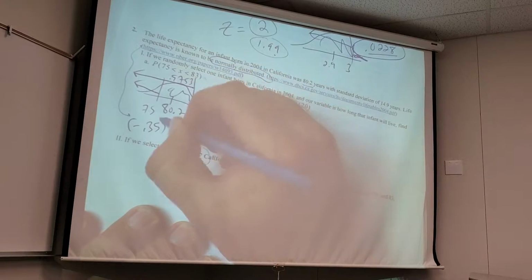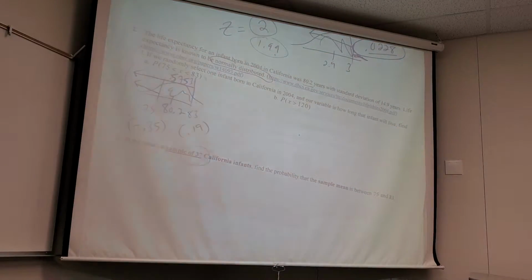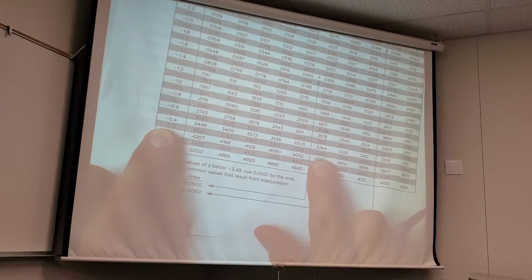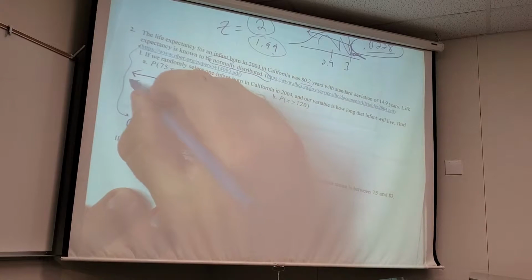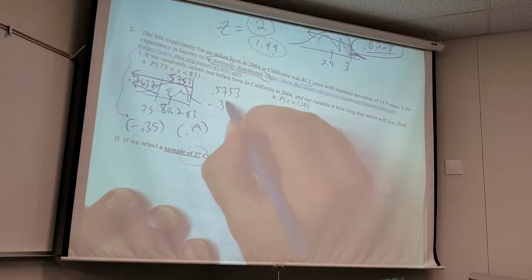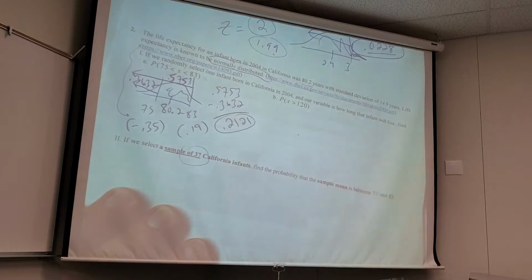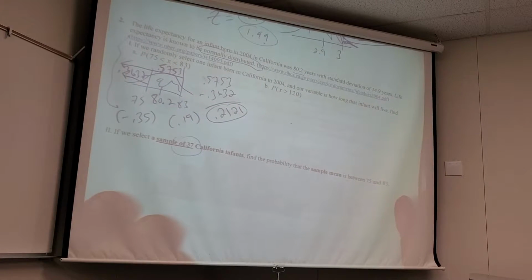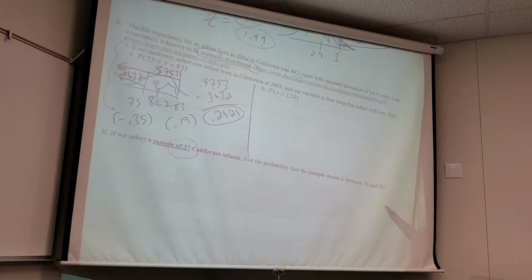And negative 0.35 has an area of 0.3632. So when you subtract those, what do you get? 0.2121? Yeah. Neato. Is that what you guys got? Yeah. 0.2121, I like it. Forever 21. Okay.